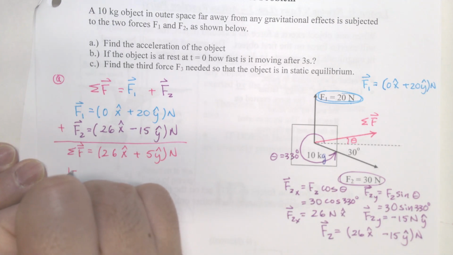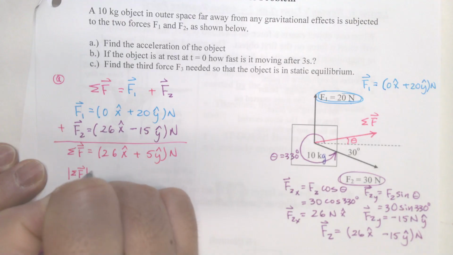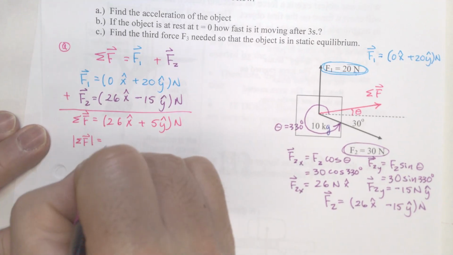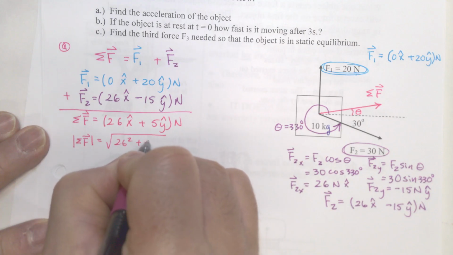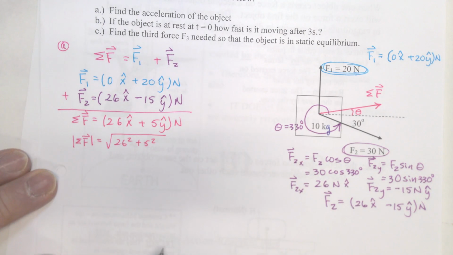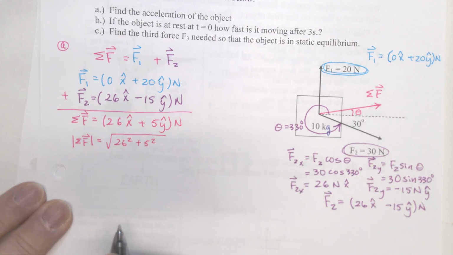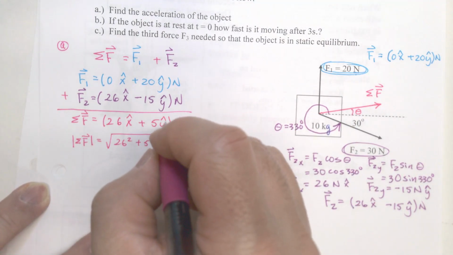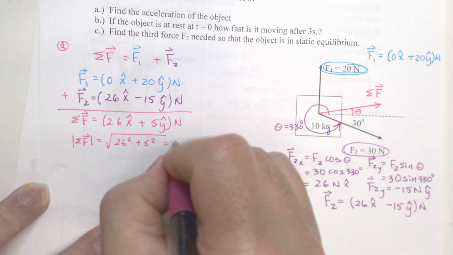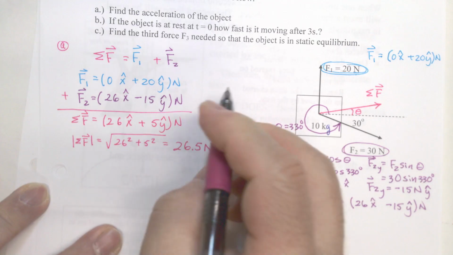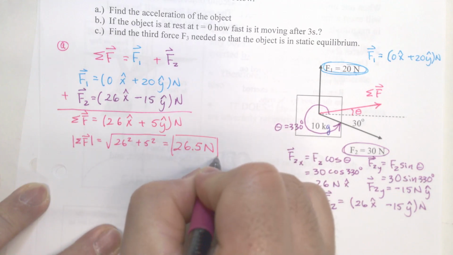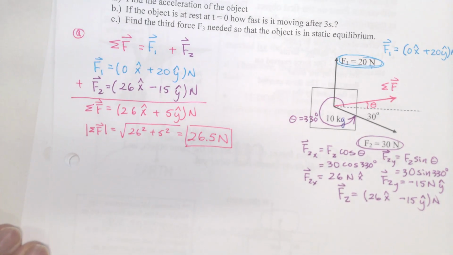The magnitude is simply the square root of 26 squared plus 5 squared, and it's in the first quadrant, so it's pretty easy for your theta. This comes out to 26.5 newtons as the magnitude of your net force.